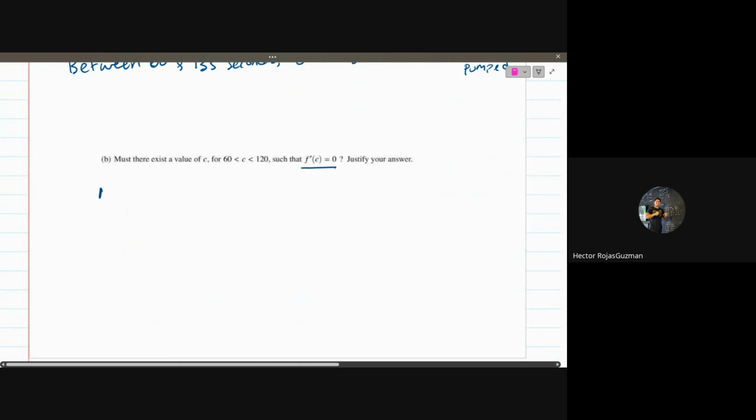The mean value theorem says that f prime of c is going to equal f of b minus f of a over b minus a, as long as the function is continuous and differentiable. And because we're pumping gas into a gas tank, the function is in fact continuous, even if we don't have all the variables. So let's just go ahead and try to calculate this based on the given interval.